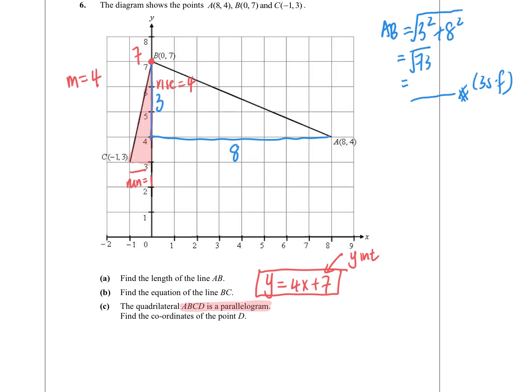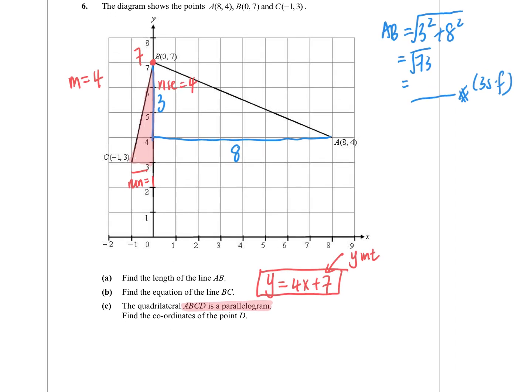This one is important. To move from B to A, imagine someone is here. Need to walk 8 steps, and then 3 steps downwards to get to A, right?